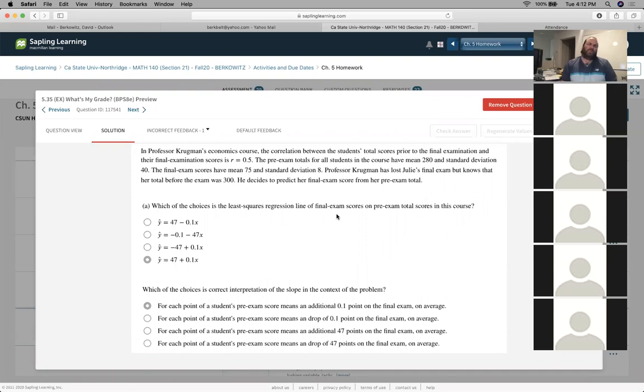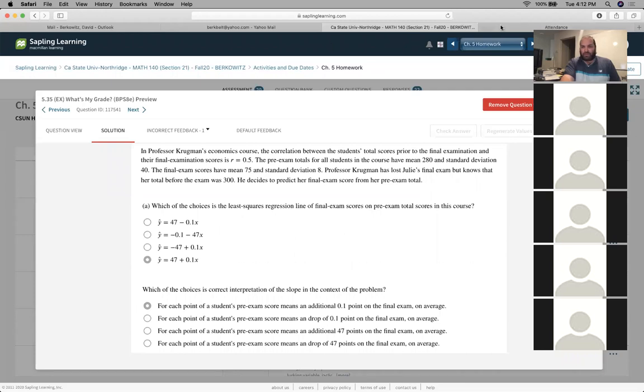The slope, if I remember correctly, is R times S sub Y over S sub X. So if I take R, which is 0.5, multiply that by S sub Y, which was 8, and divide by S sub X, which is 40, I get a slope of 0.1. Knowing the slope is 0.1, I can already eliminate the first two options because their slopes are not 0.1.